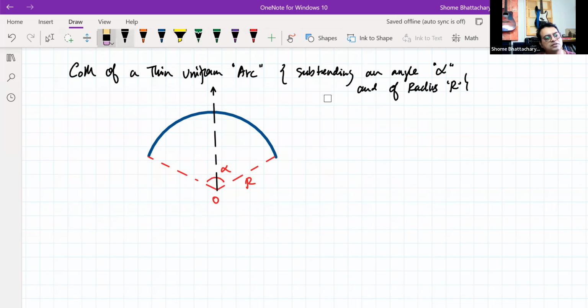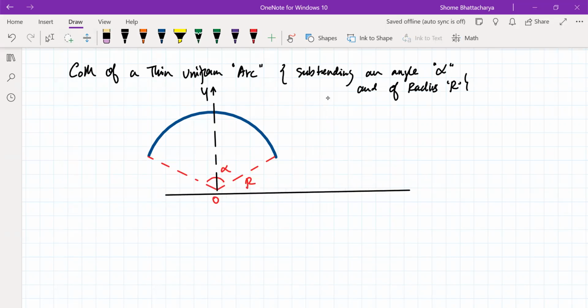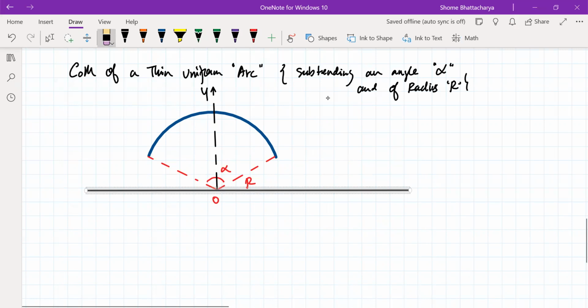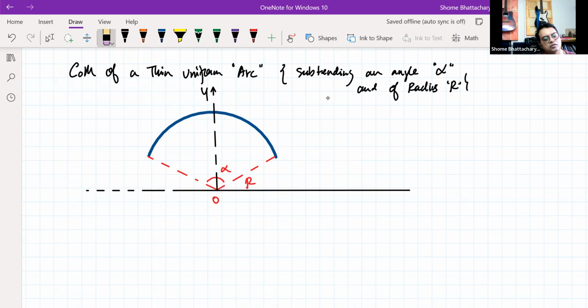Once again, we can see that the y-axis is an axis of symmetry, whereas the x-axis would not be anything very significant here, other than the fact that it's perpendicular to the y-axis. So this is our x-axis. Now we know that the center of mass will lie somewhere here. We want to find the y coordinate of the center of mass. It's a very similar process.